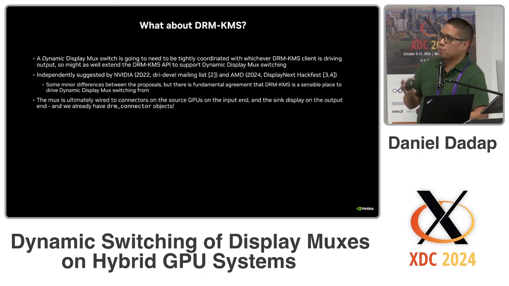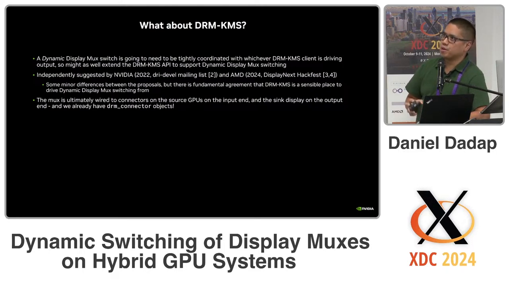And the core reason it makes sense has to do with the physicality of the Mux itself. If we go back to what's on the Mux, well, what's on the Mux is display connectors, and we have exactly an object that corresponds to that in the DRM-KMS API, which is the DRM connector.